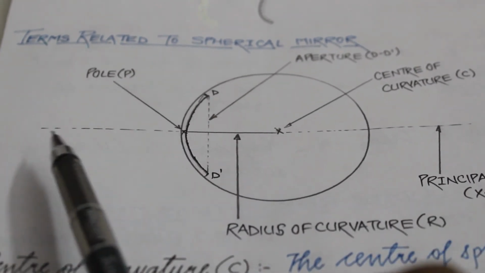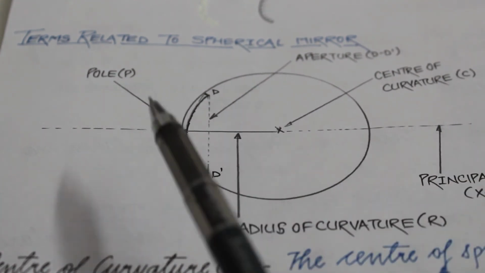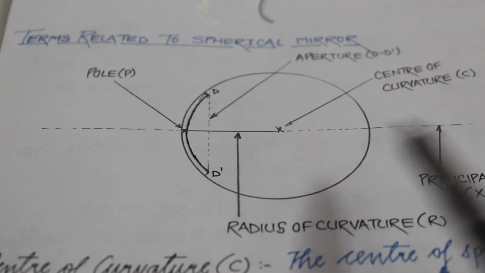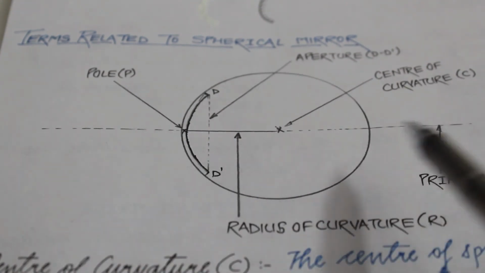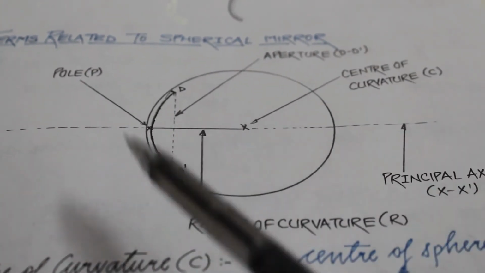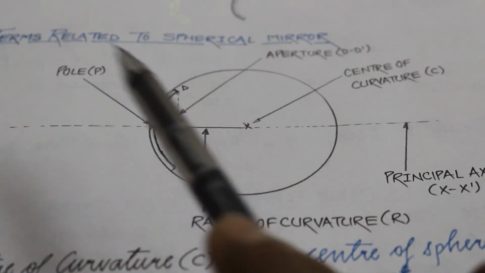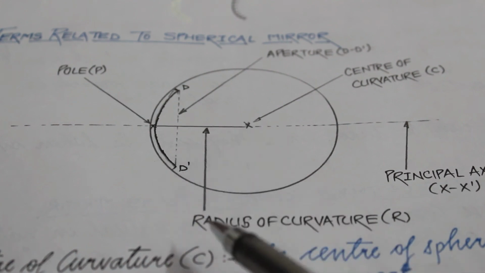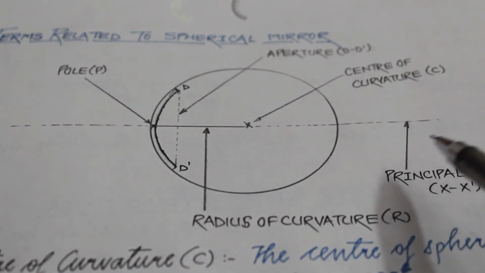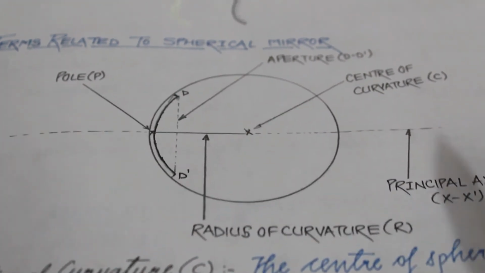If we draw a straight, infinite, virtual line which is not real, which passes through the pole as well as the center and is extended on both sides, then this line is known as the principal axis. Center of the sphere, center of curvature. Center of reflecting surface of the mirror, pole. The radius of the sphere, radius of curvature. An imaginary line passing through center of curvature and pole, principal axis.